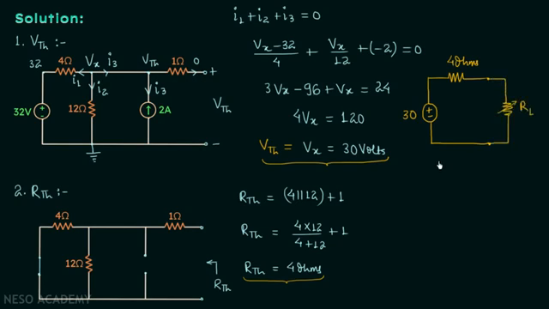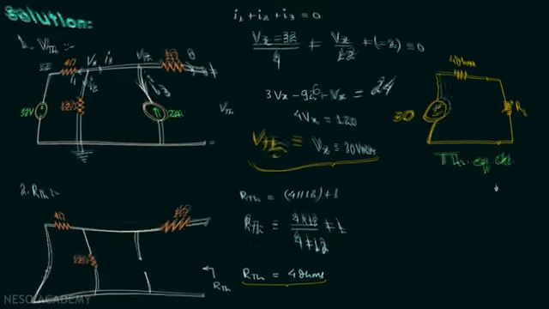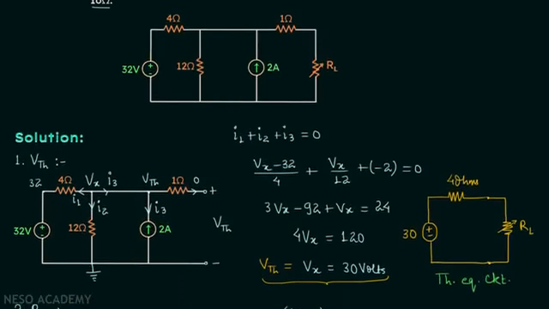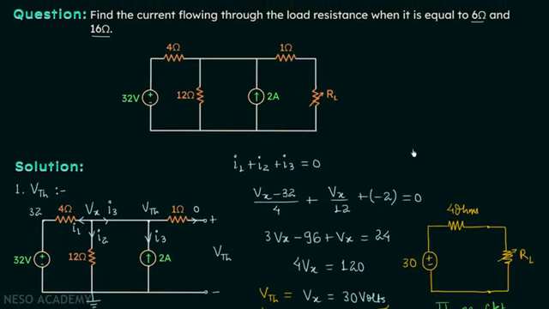So this circuit is our Thevenin's equivalent circuit, and with the help of this equivalent circuit we are required to find current flowing through RL when it is 6 ohms and 16 ohms.